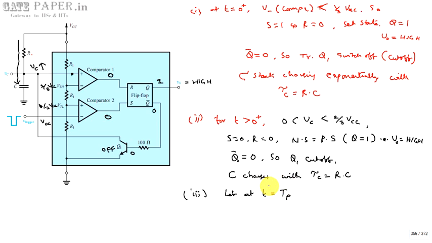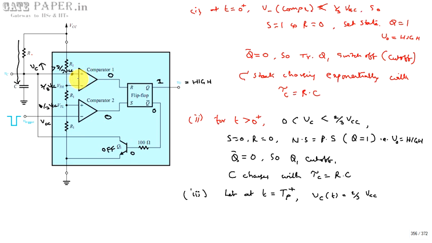Okay, Tp or pulse width, at t equal to Tp, we assume that the capacitor voltage has reached 2/3 VCC and it tries to go above that. So at t equal to Tp plus, what happens? The voltage across this one is going to be greater than 2/3 VCC.